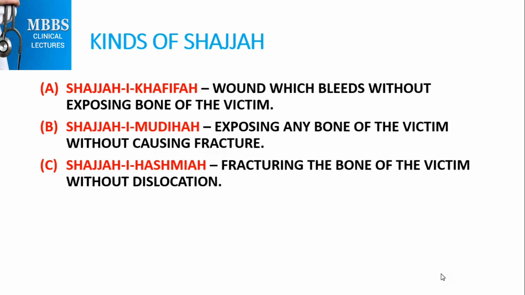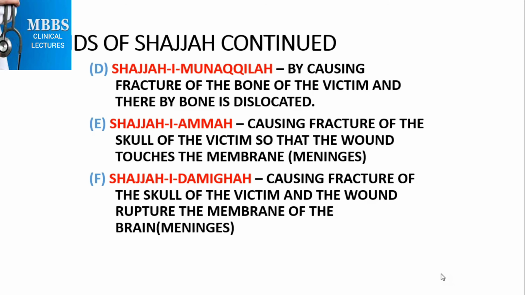So a quick review: Khafifa, there is a bleeding without exposing the bone. Shajai Mudiha, there is a bleeding but the underlying bone is exposed through the injury but without fracture. Shajai Hashmiya, there is a fracture of the bone but without dislocation. Shajai Munakila, there is a fracture of the bone but with the dislocation.